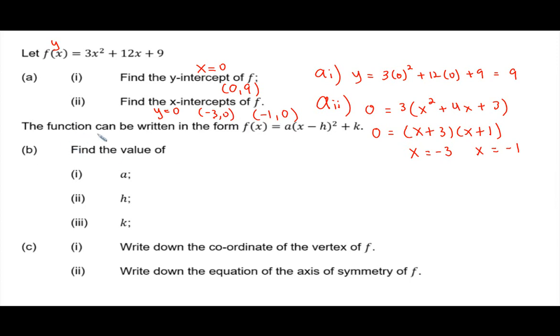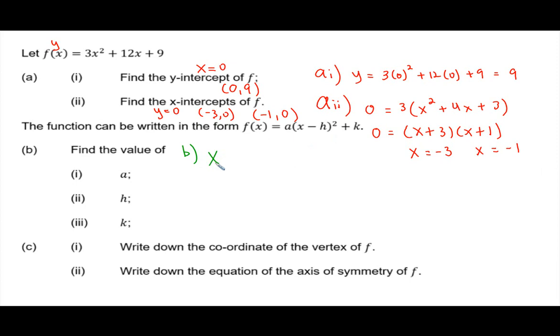Now, part B says they want us to write this function in vertex form. So we're given the function, right? We're given the problem in standard form. We need to change to vertex form. Okay? So now part B here, if we need to change the problem into vertex form, you need to find the vertex.